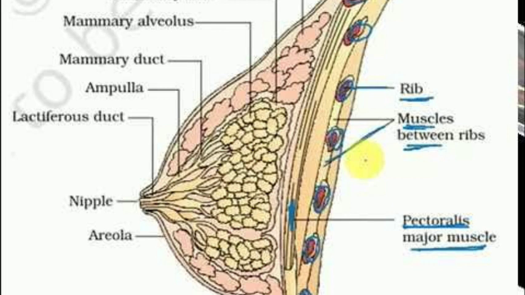The glandular tissue of each breast is composed of 15 to 20. How many? 15 to 20 mammary lobes that contain cluster of cells called alveoli.